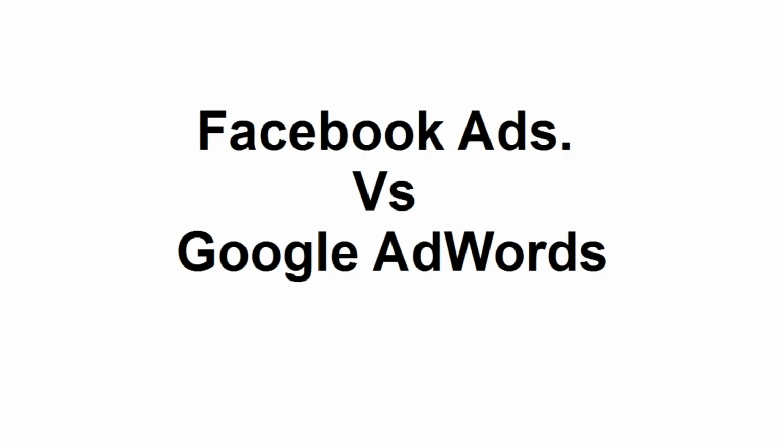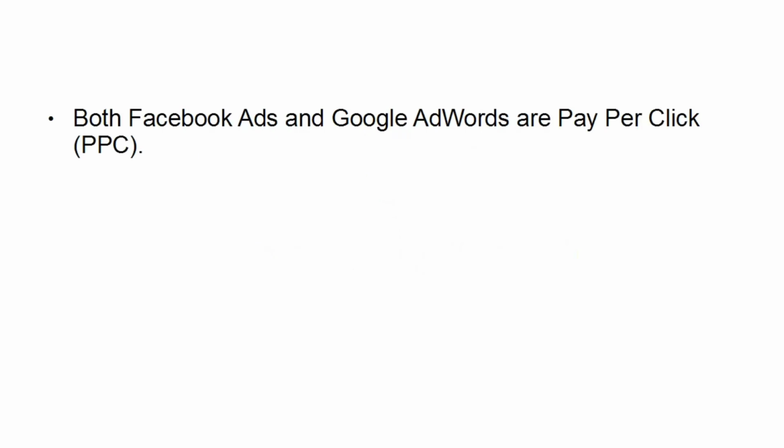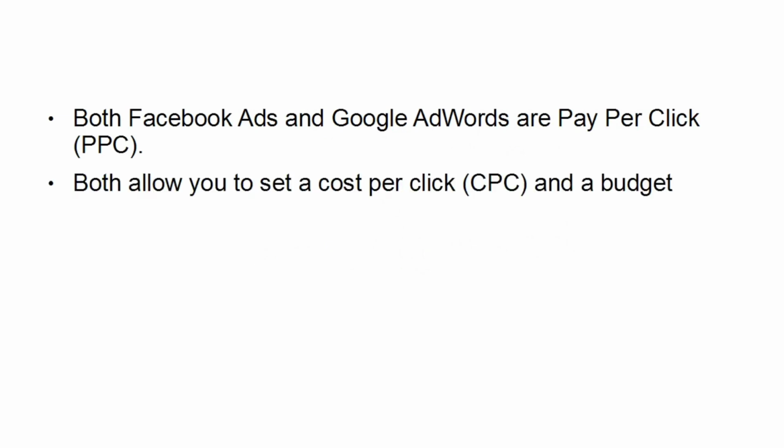So what's the difference between advertising via Facebook ads and advertising via Google AdWords? Well, there are certain similarities. First of all, both Facebook ads and Google AdWords are pay-per-click, or PPC. At least Facebook does have a PPC option.